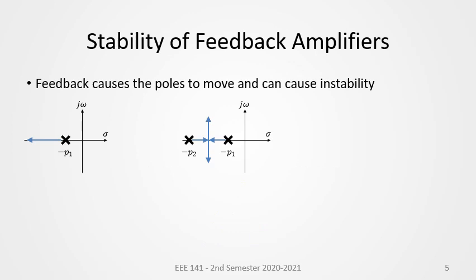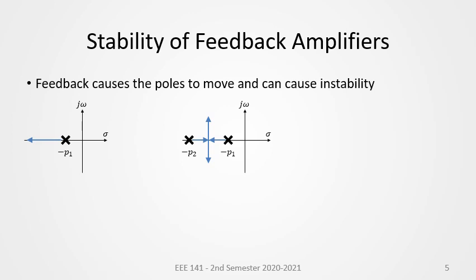Since feedback tends to move the pole locations, the system can become unstable. We have shown in the previous lecture how the poles move in single and two-pole systems. Based on the root locus of the two systems, it can be inferred that they will never be unstable regardless of the loop gain.